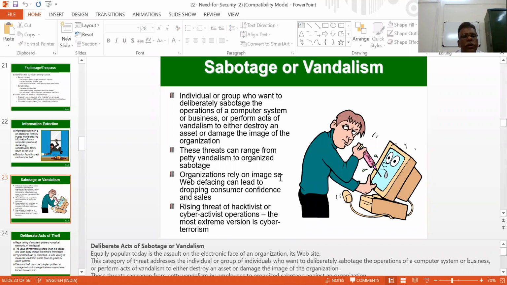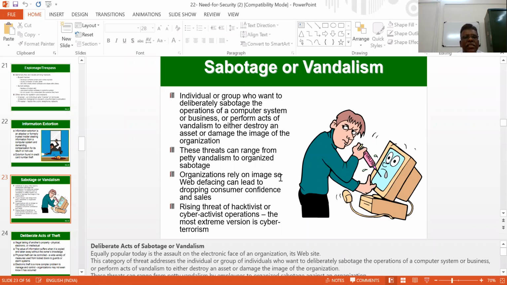Another important aspect relates to an individual or a group who deliberately, with their own intelligence, operate a computer system or business, either to destroy properties or damage the image of the organization. They say we are coming for maintenance and will see what systems are there, and they open and examine internally, at the low assembly level and the physical level, and can easily steal the flow from there.